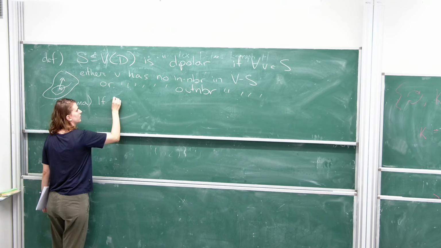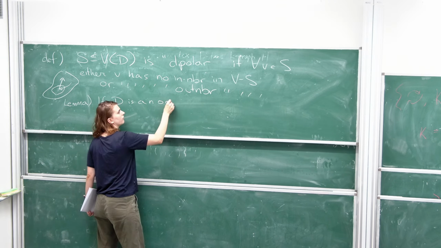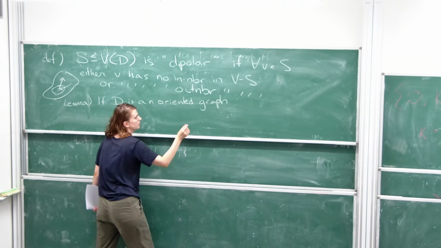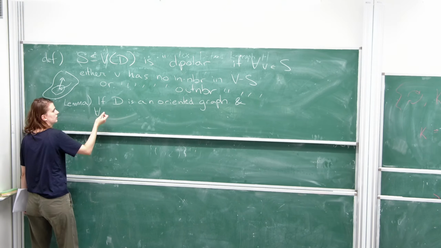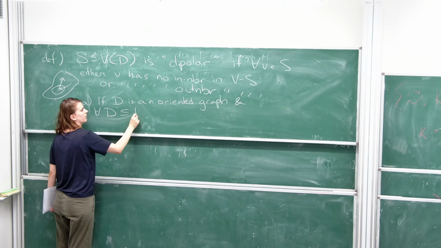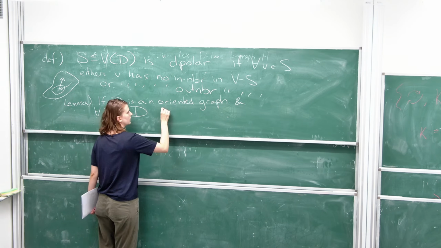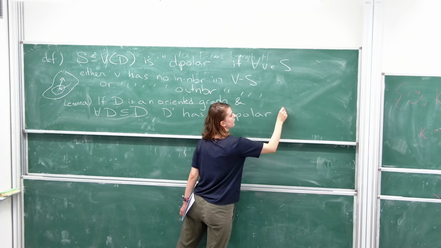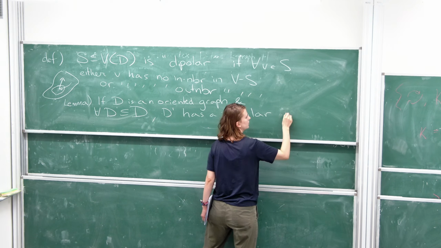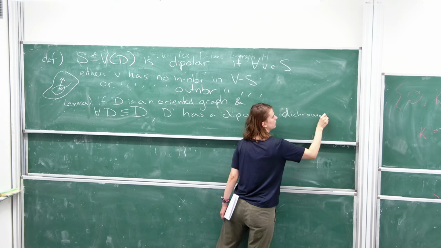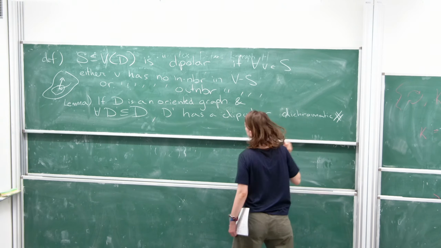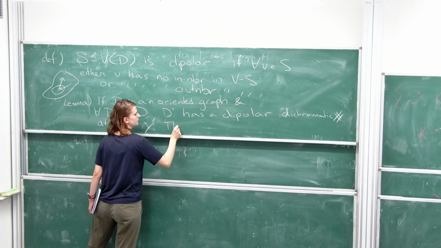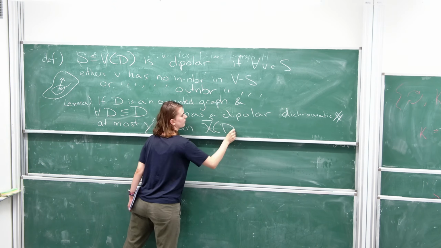If D is an oriented graph, so for the rest of the talk I'm always going to be assuming there's no digon, and for all D prime, induced sub-digraphs of D, has a dipolar set with bounded dichromatic number, then the dichromatic number of the thing itself is at most twice that bound.